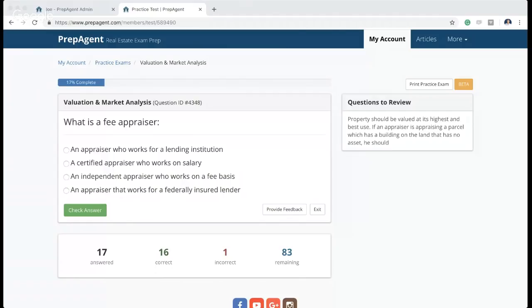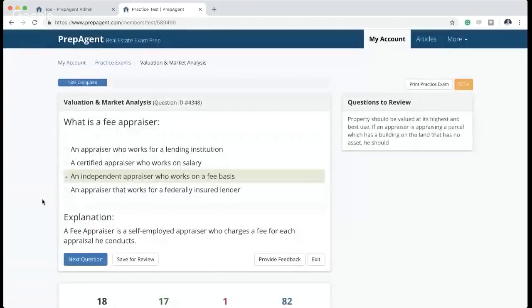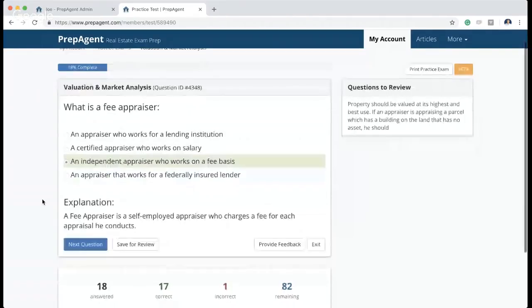Or D, an appraiser that works for a federally insured lender. Good. Independent appraiser who works on a fee basis.